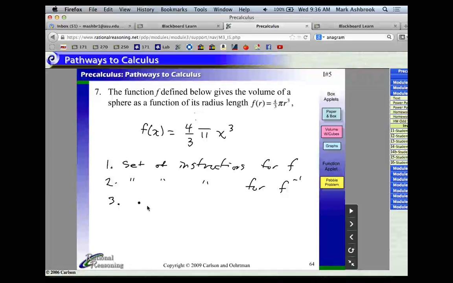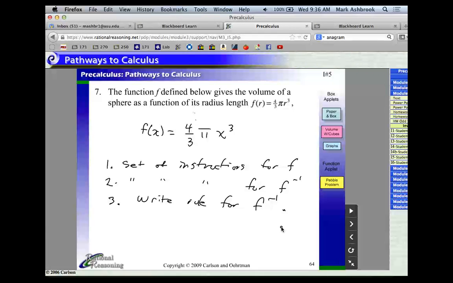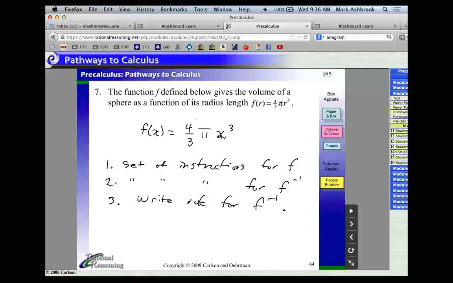And then, based on your set of instructions, write the rule for f inverse. Go. It's the volume of a sphere. X cubed. It's right here.